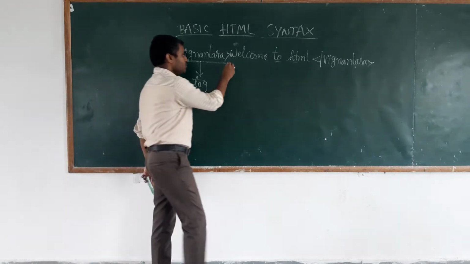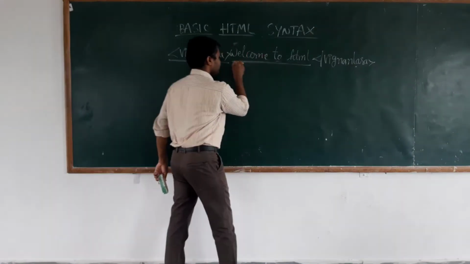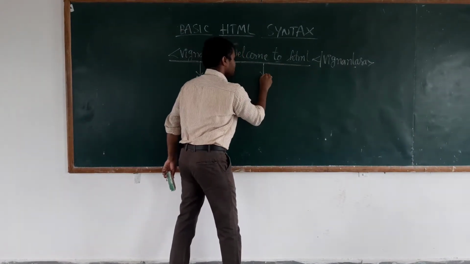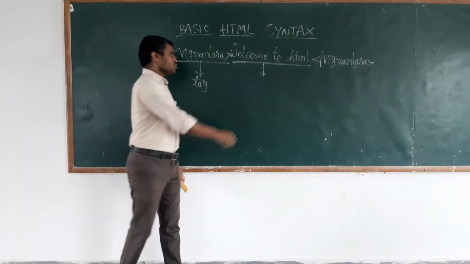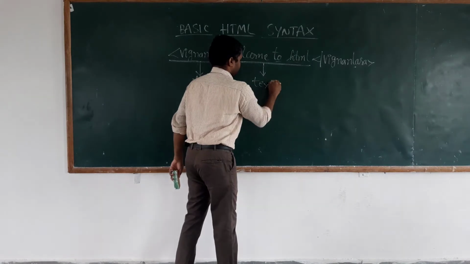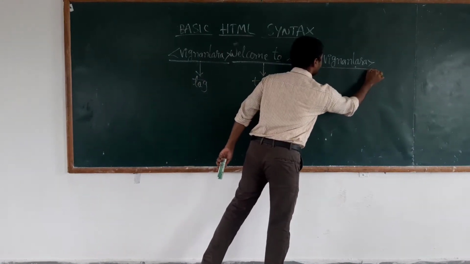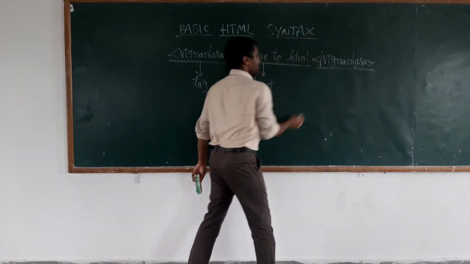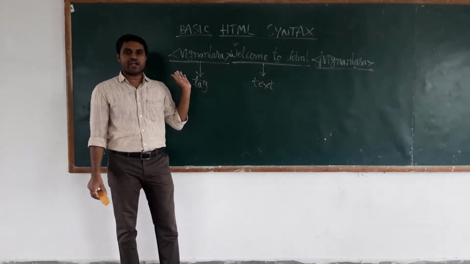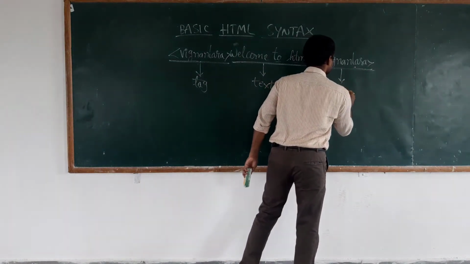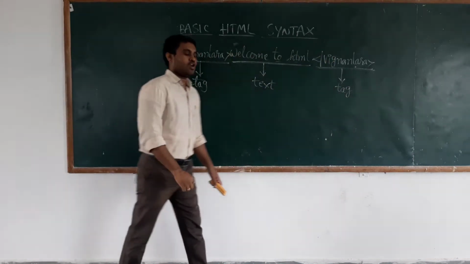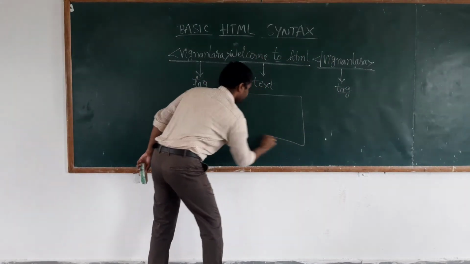After that, we have written "welcome to HTML". Since it is not enclosed between angular brackets, it is treated as text. Next, the closing tag is enclosed between angular brackets, so again it will be treated as a tag. Now what will be the output of your program?